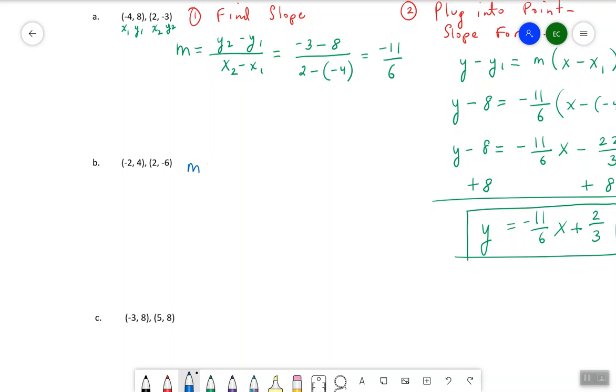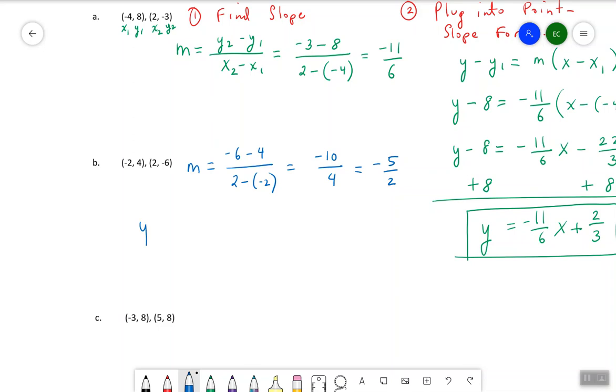So slope is going to be -6 minus 4, y2 minus y1, over 2 minus -2. That's x2 minus x1. That's going to get us -10 over +4, which simplifies to -5/2.